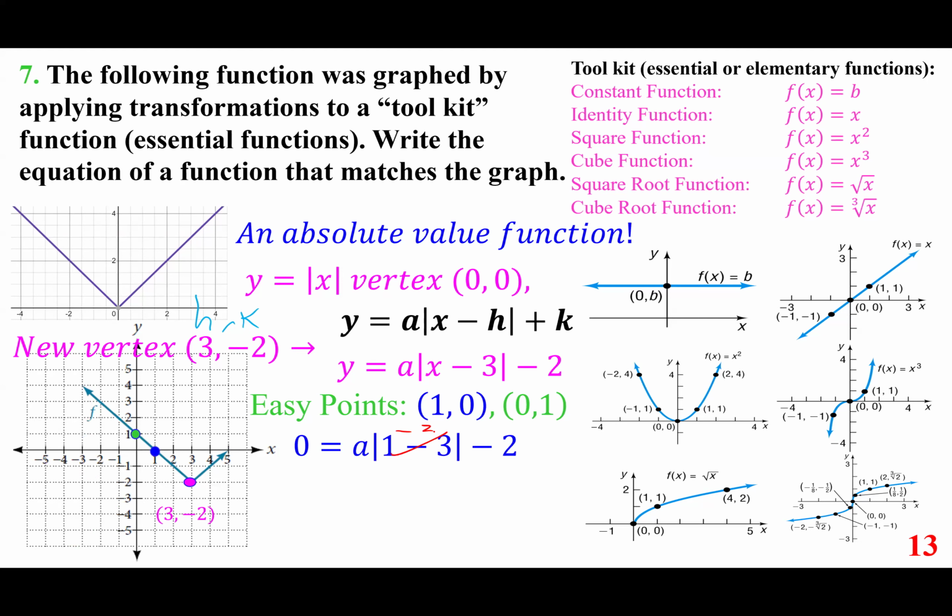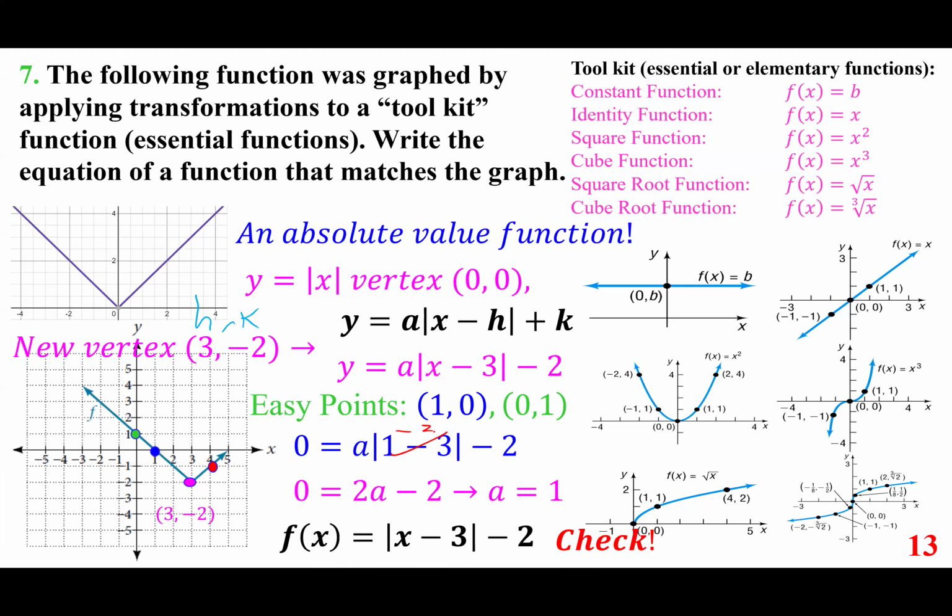This is -2. Absolute value of -2 comes out positive 2a minus 2, and a becomes 1. Replace it. And you must check it.